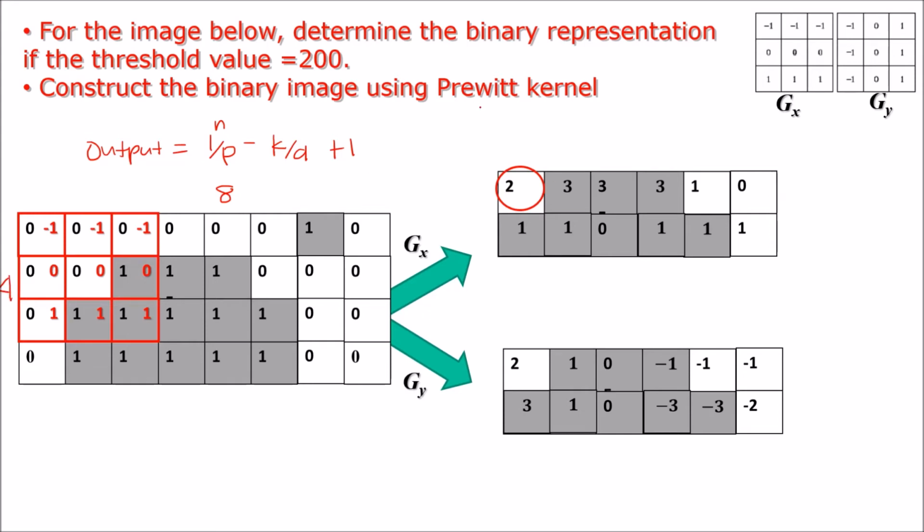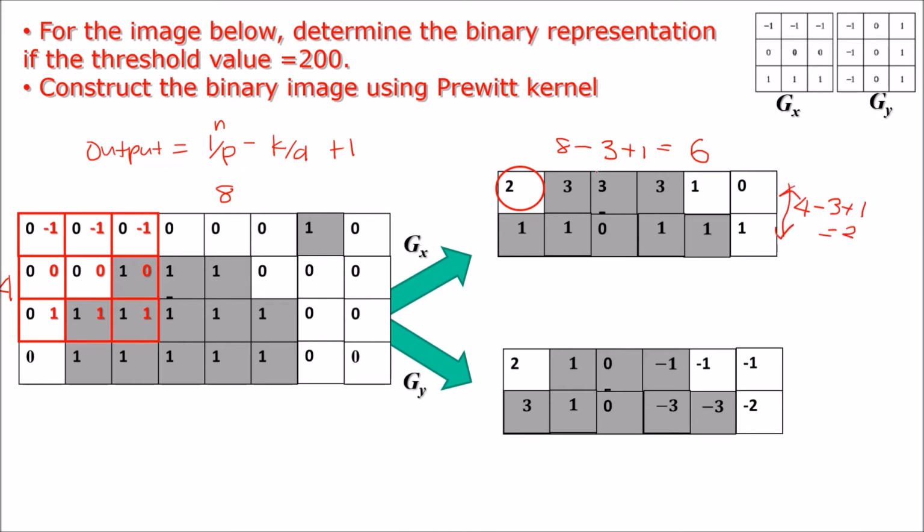For the output width, it is 8 minus the kernel, which is 3, plus 1. So the dimension of the output will equal 6. And as for the height, the same thing: the input dimension is 4 minus the kernel plus 1. So you have the dimension of the output equal to 2.